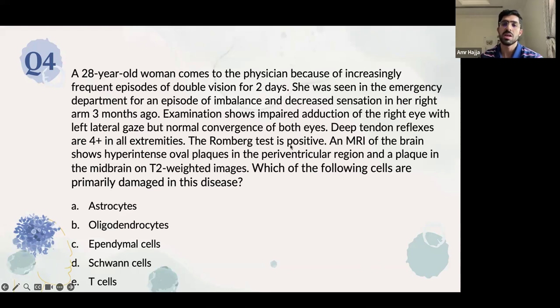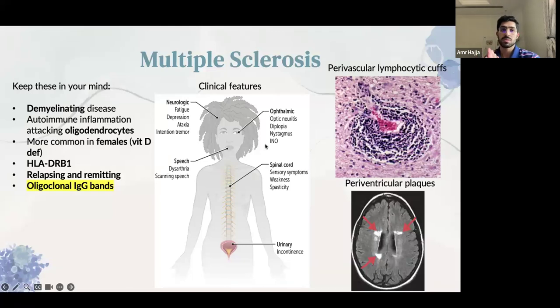MS again, exactly. So the disease here is multiple sclerosis. Now, what is multiple sclerosis? Multiple sclerosis is a demyelinating disease that happens as a result of an autoimmune inflammation characterized by lymphocytes targeting the cells that are responsible for myelination in the central nervous system, which are the oligodendrocytes.